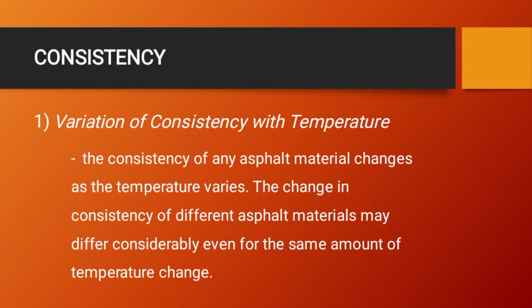The change in consistency of different asphalt materials may differ considerably even for the same amount of temperature change. An example of this is: if a sample of blown semi-solid asphalt and a sample of semi-solid regular paving grade asphalt with the same consistency at a given temperature are heated to a high enough temperature, the consistencies of the two materials will be different at the high temperatures, with the regular paving grade asphalt being much softer than the blown asphalt.